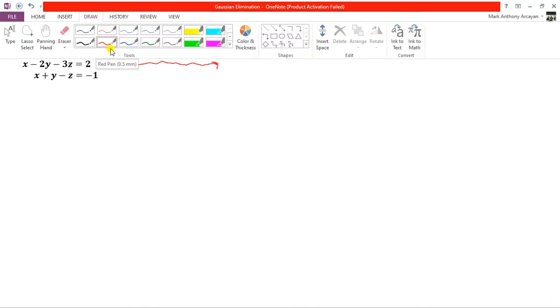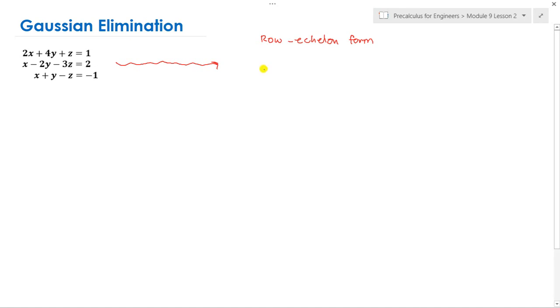So let's start with the first equation in row echelon form. Again, in determining the first equation in row echelon form, look for the equation whose leading term is x, and whose coefficient is also 1. So, which one is it among the three equations? Let's say this is equation 1, this is equation 2, this is equation 3.